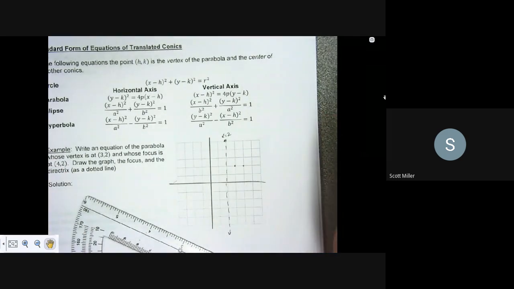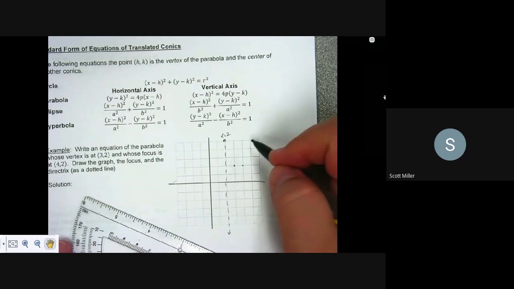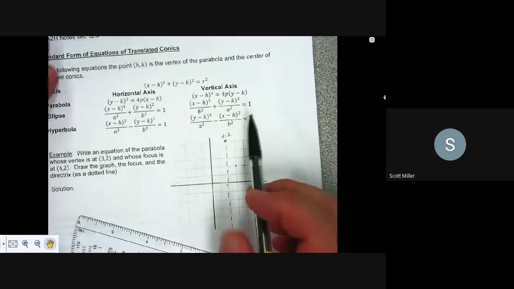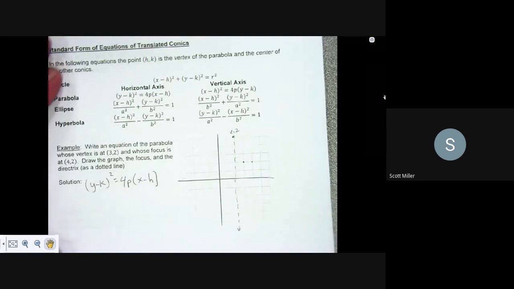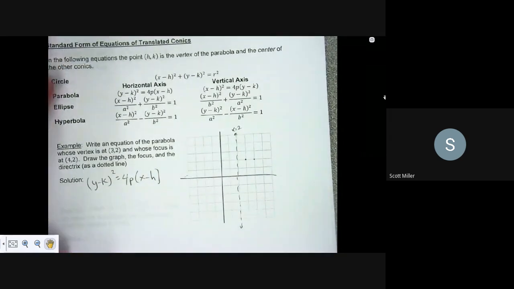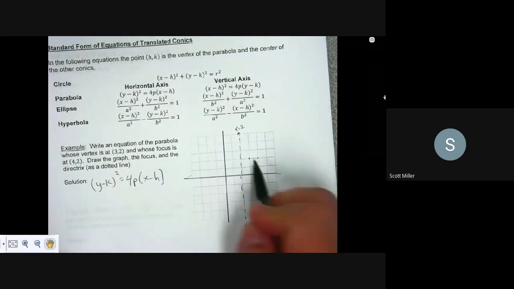Okay, and we can find some values and plug it in and all that stuff, but we have to find the equation first. So we have one that goes horizontal. That means the y is squared. So we have our generic formula, y minus k squared is 4p times x minus h. H and k are the vertex, and p is the distance from the vertex to the focus.